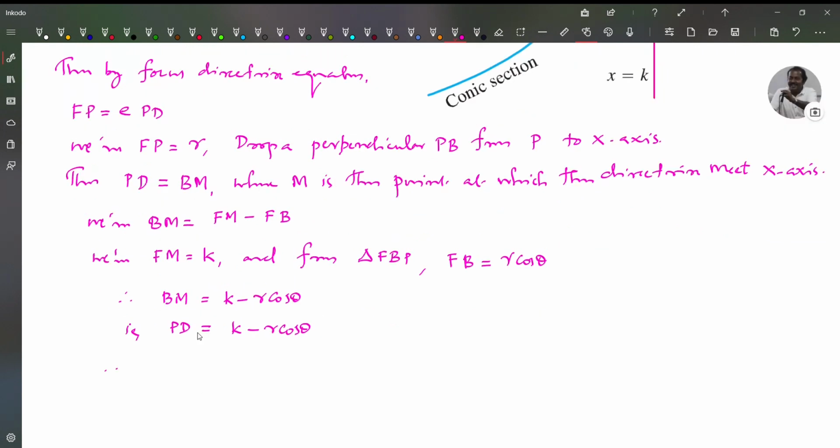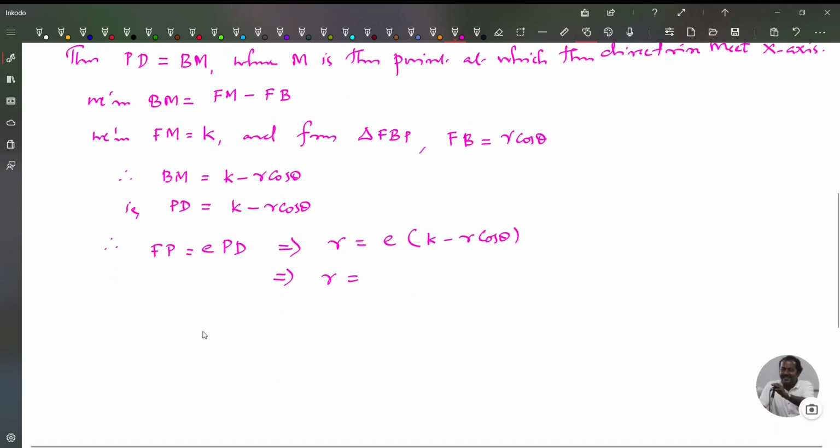Therefore FP equal to e PD implies r equals e times (k minus r cos theta), so r equals ek minus er cos theta.